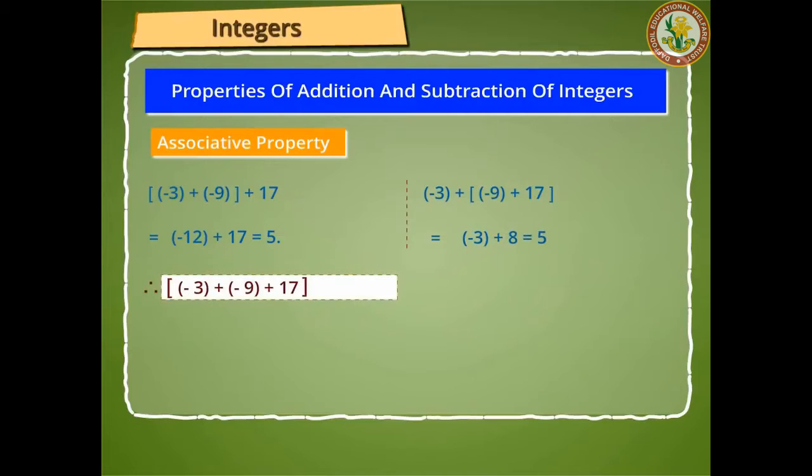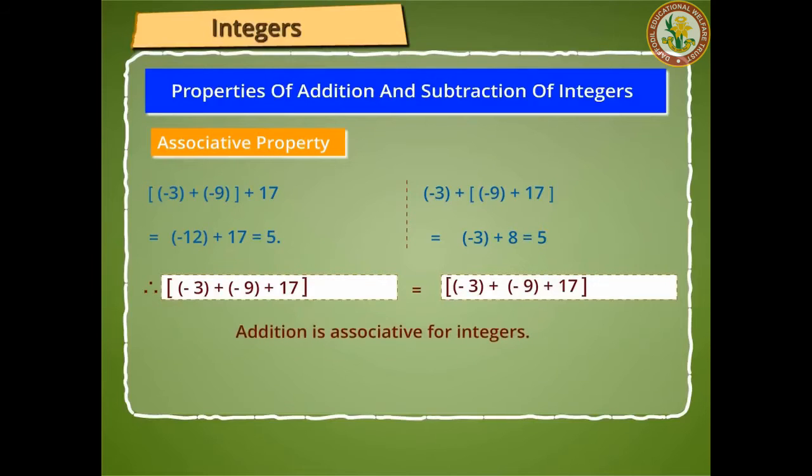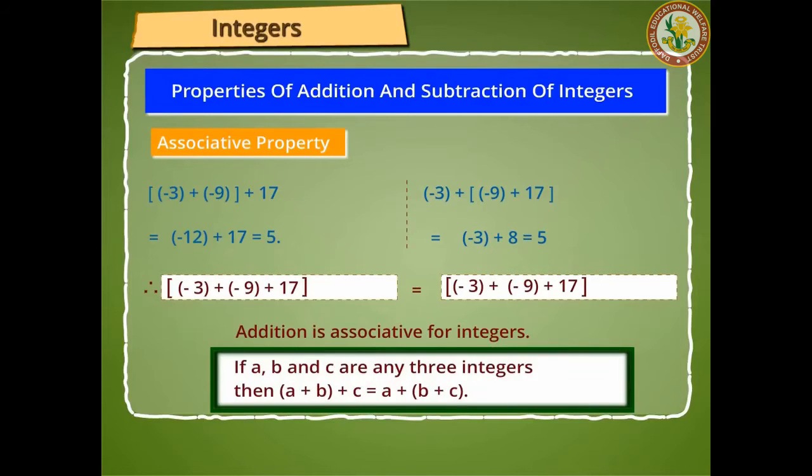Therefore, the two groupings give the same result. Thus, addition is associative for integers. Hence, if a, b and c are any three integers, then a plus (b plus c) is equal to (a plus b) plus c.